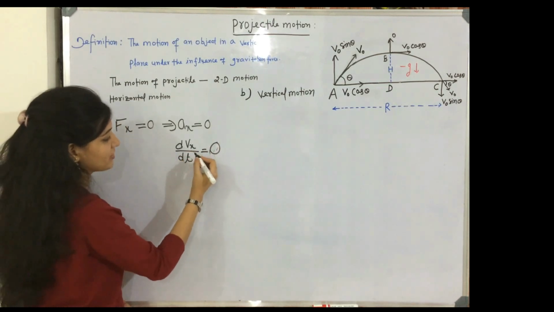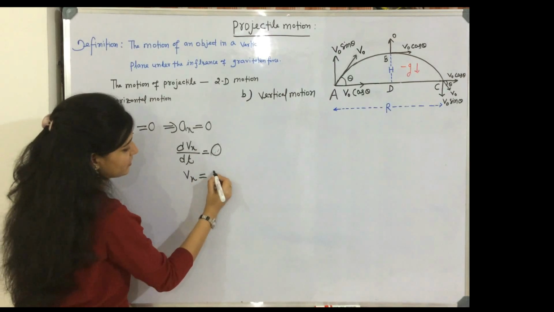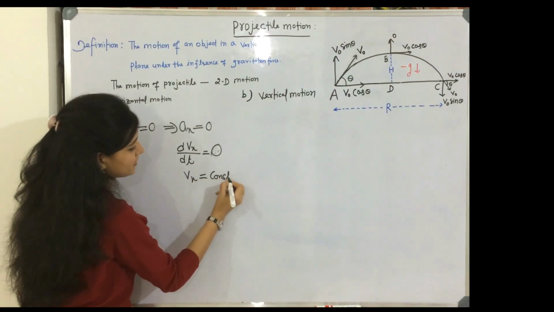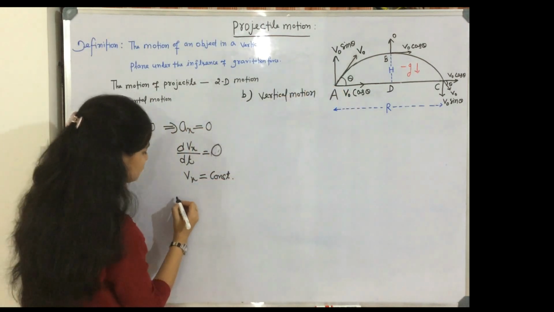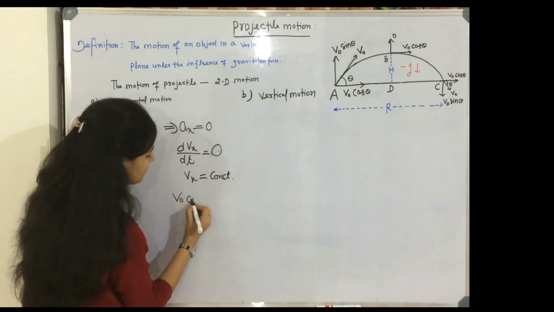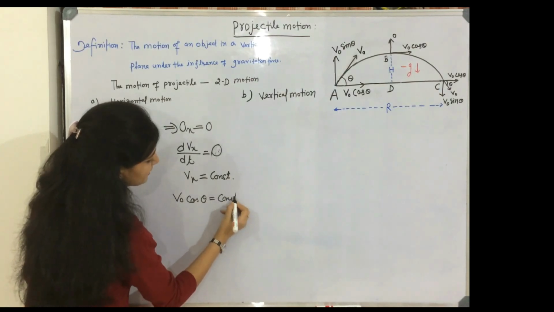The derivative of a constant is 0. So, Vx equals constant. Now, Vx here is V0 cos theta. So, V0 cos theta equals constant.